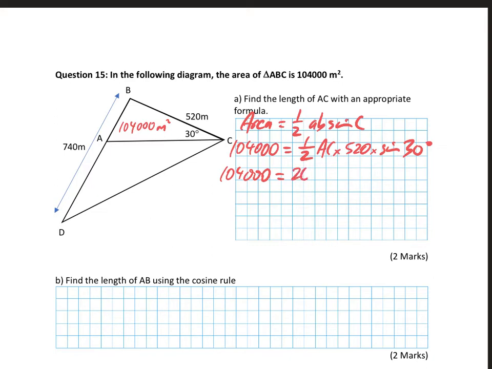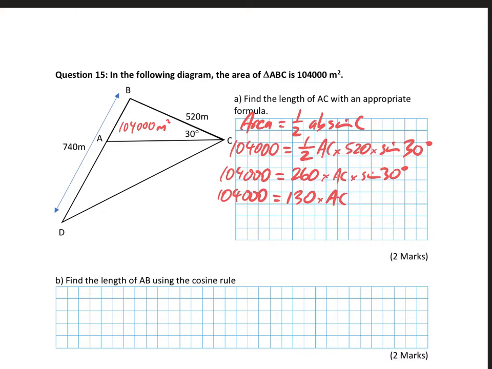Half of 520 is 260 times AC times sine 30 degrees. Sine of 30 degrees is 0.5, so that's going to halve things again. 104,000, half of 260 is 130 times AC.